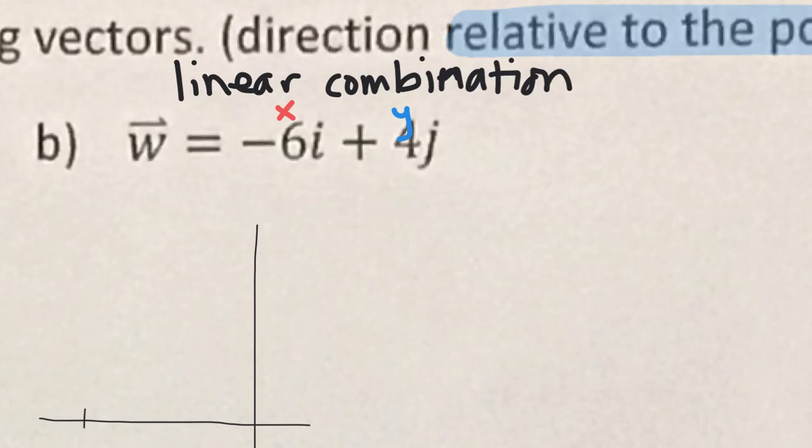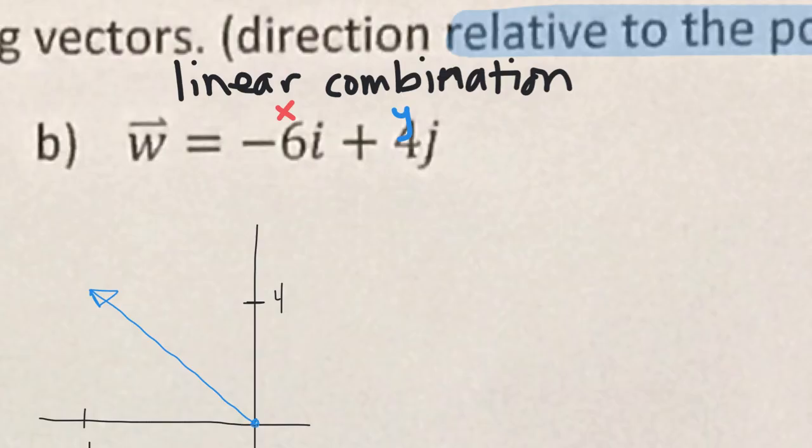It says -6 in the i direction, which is your x direction, and then it says go 4 in the y direction. Okay, so our vector is going to end up here at -6 and 4. So this is the representation of our vector. Starts at the origin and ends at the coordinate -6, 4.